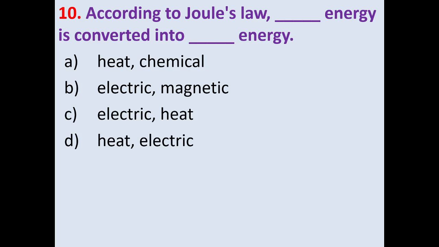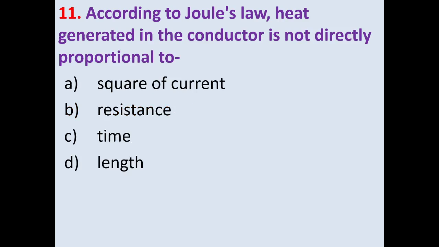That is, in this case, electric energy gets converted into heat energy. According to Joule's law, heat generated in the current conductor is not directly proportional to. So Joule's law states that heat generated is directly proportional to square of current, resistance and time, but it is not directly proportional to length.